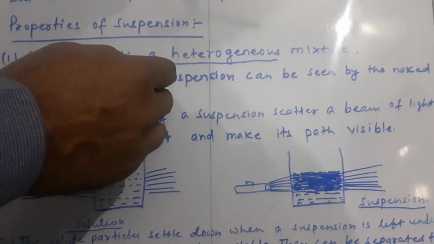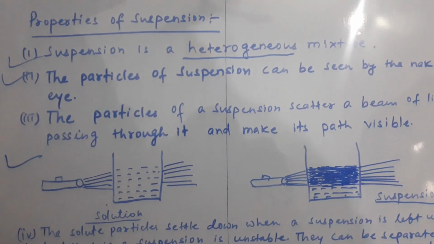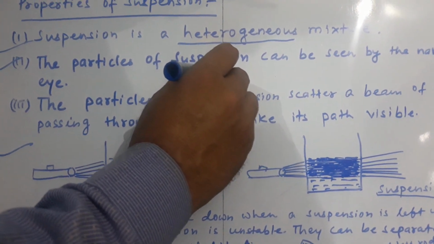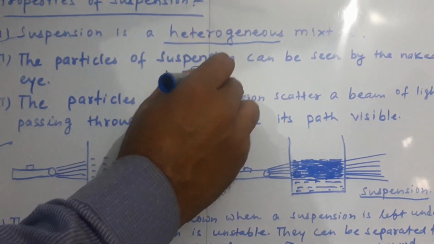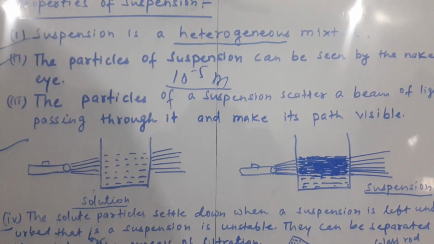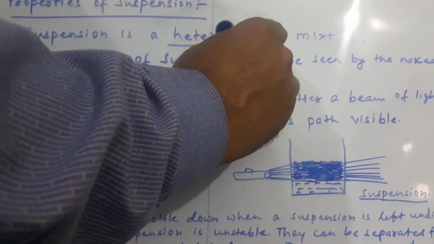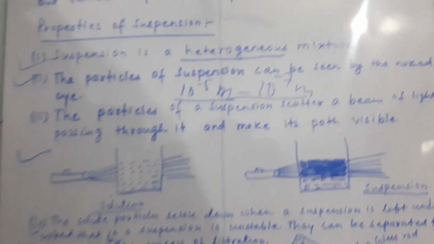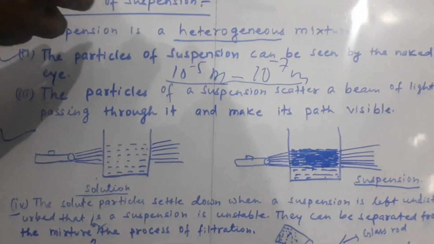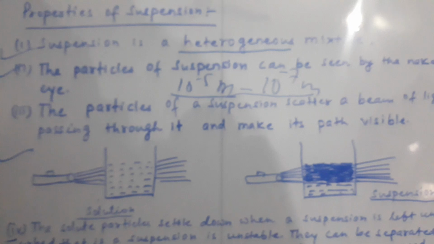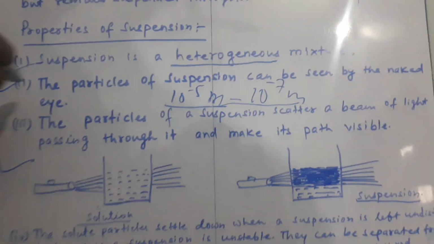The size of suspension particles is near about 10 to the power 5 nanometer, which means 10 to the power minus 5 meter, or the range is this to 10 to the power minus 7 meter. Means the size of particles is quite bigger in comparison to the solution, because in solution the particle size is 10 to the power minus 9 meter. So it is bigger in size.